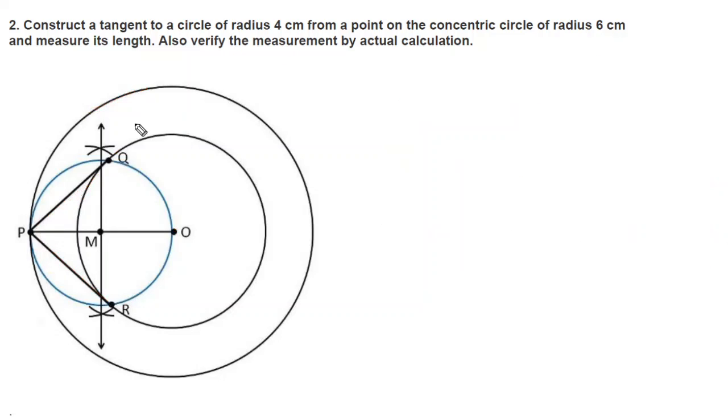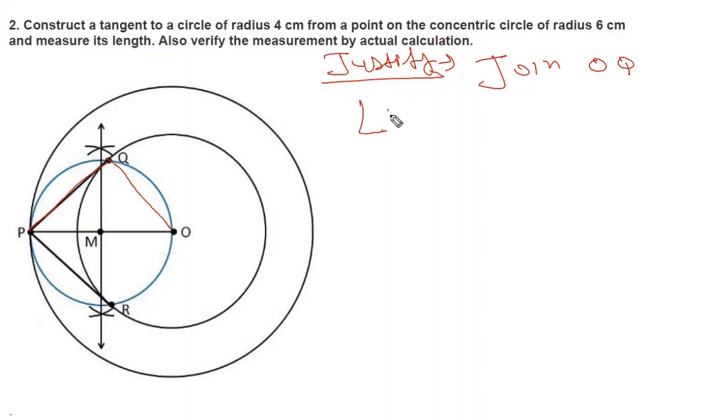For justification, we have to prove that PQ is a tangent to this circle. For that, we have to join OQ, and also join OR. Now, angle PQO is equal to 90 degrees. Give the reason why.